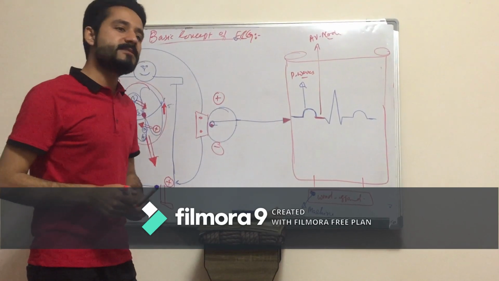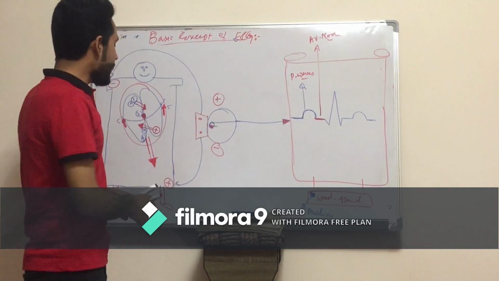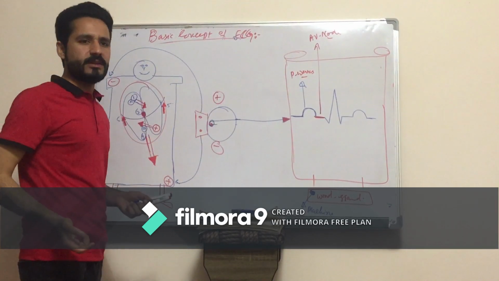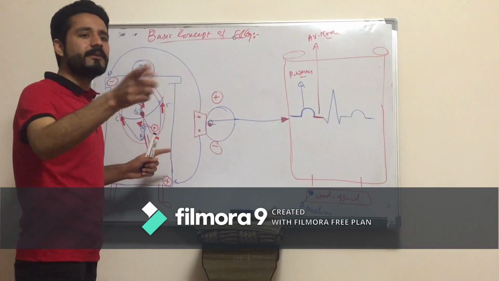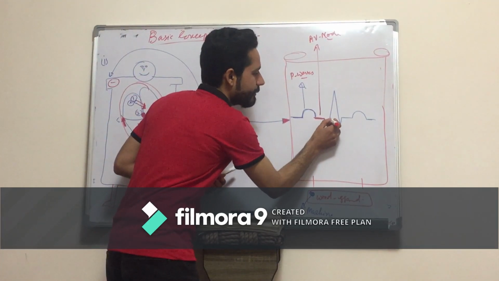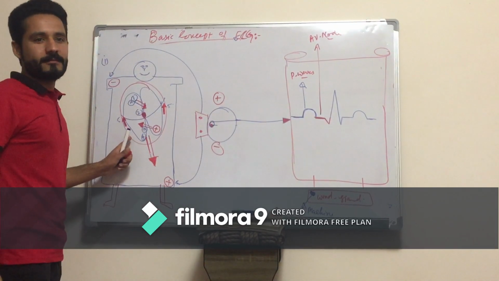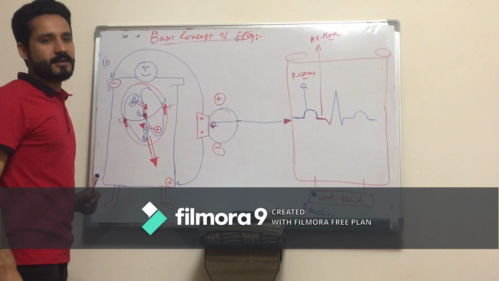So the deflection will be positive or negative? Negative. Obviously negative, but this is a small deflection actually. This is a small ventricular deflection. So the deflection will be small and negative. This deflection is actually the septum action potential.